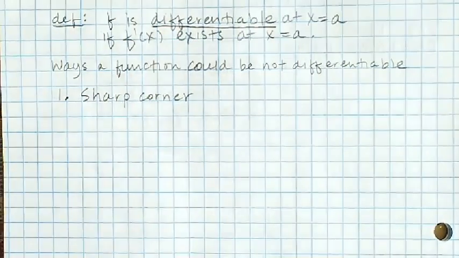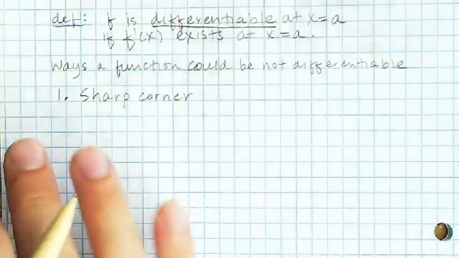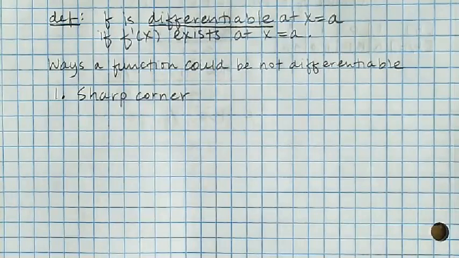Now, I'll talk to you more about this in the class meetings, but I also graded a problem where they were asking for a derivative value at a sharp corner, and the answer was that the derivative didn't exist because of the sharp corner, and there was some terminology that was okay to use, and there was some that was not okay to use. Sharp corner was definitely okay.